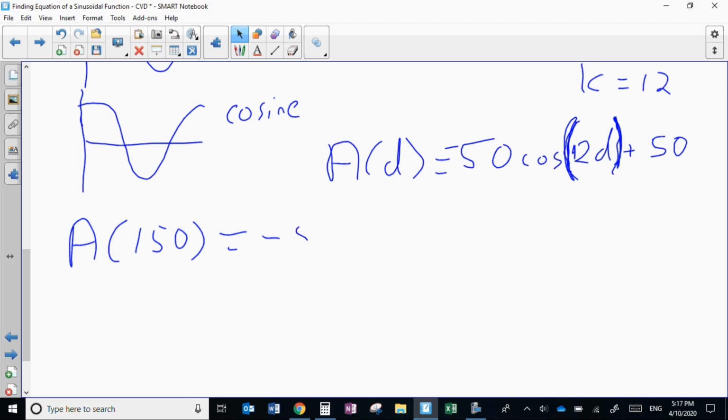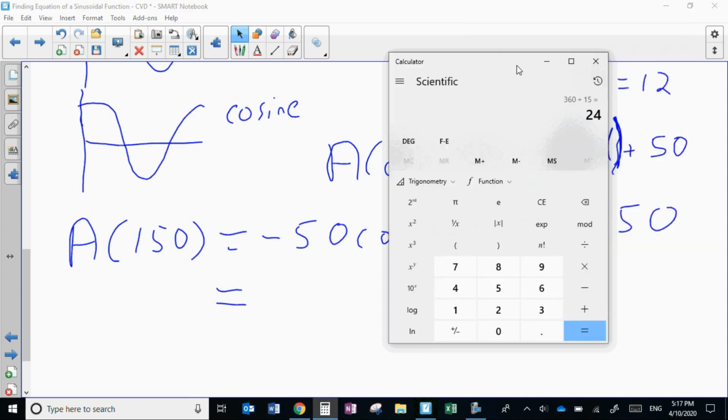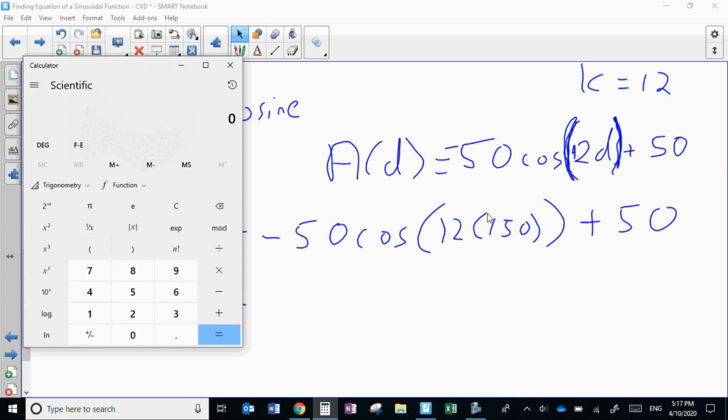Which is negative 50 cosine 12 times 150, plus 50. And we use our calculator to do this. Now, depending on what kind of calculator you have, changes how you're going to do this calculation. My calculator, I believe, here is non-DAL. So I'm actually going to start with 12 times 150. Okay, 1800.